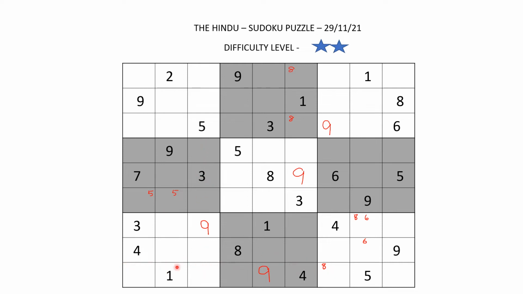So these 2 cells take 5. That means this 5 is going to block this cell. So this 5 here cancels out. So let's erase this, and 5 is going to be here. This cell takes a 5.